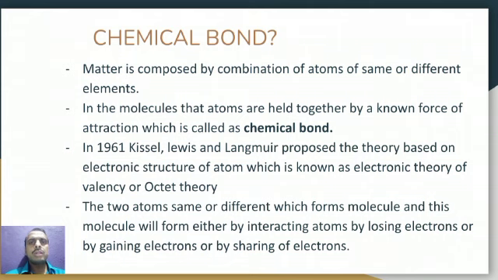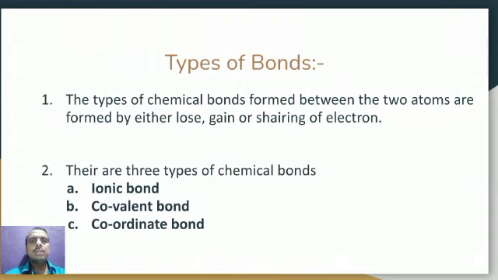So by these three methods we can form a bond between the atoms. Considering this, we have three types of bond: ionic bond, covalent bond, coordinate bond. So we have to learn each bond.